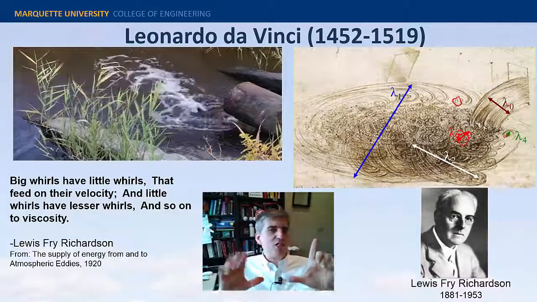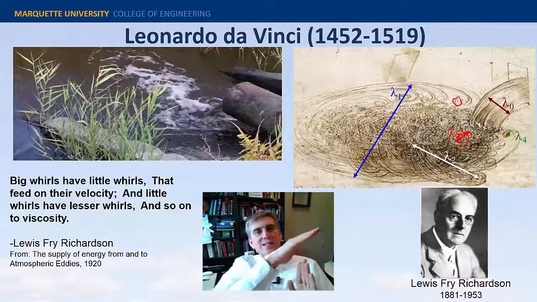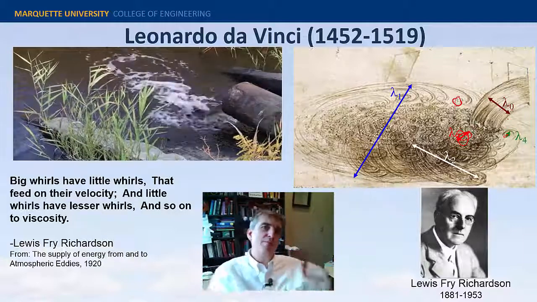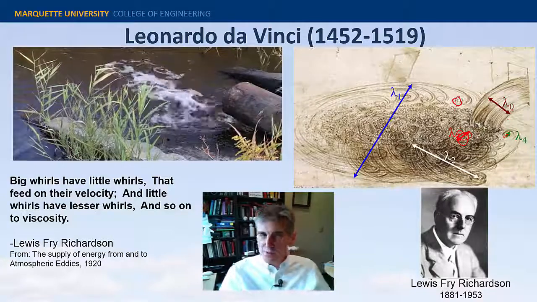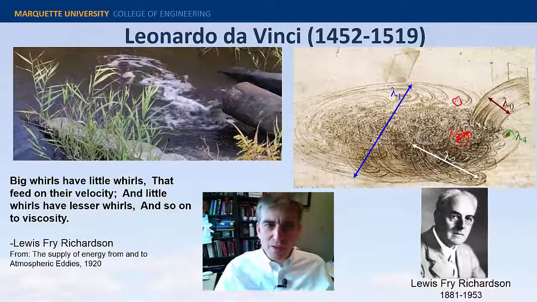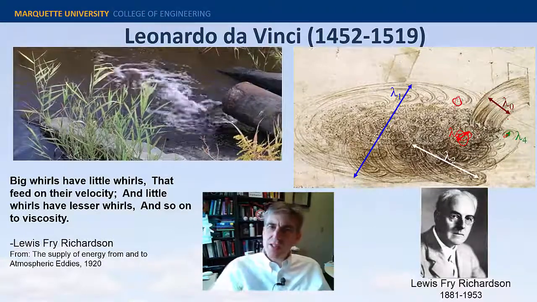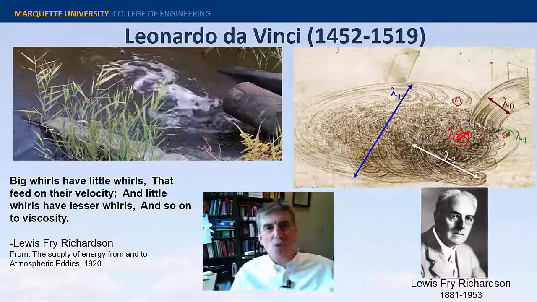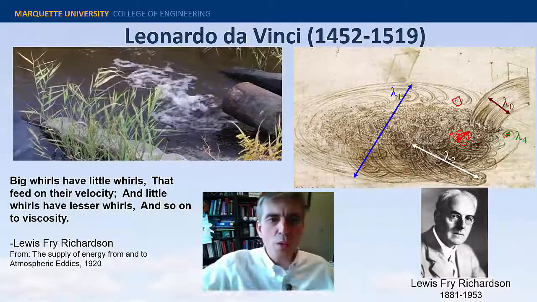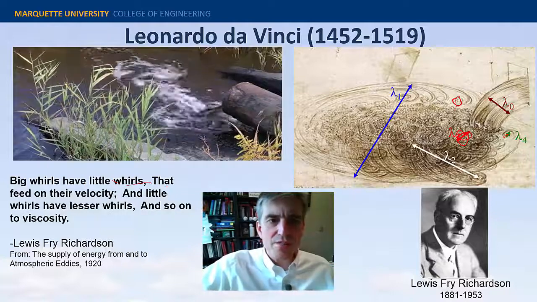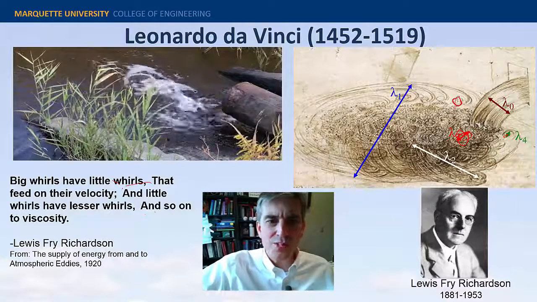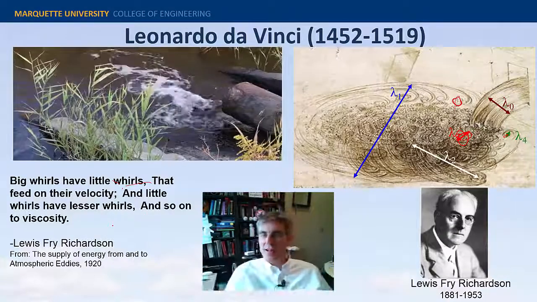So think about the energy cascade, and what that's telling us is there's a distribution of scales, and all turbulence follows the same distribution of scales. What a powerful idea. Remember Lewis Richardson here, this guy from the Richardson number? He had this little poem that he wrote. Big whirls have little whirls that feed on their velocity, and little whirls have lesser whirls, and so on to viscosity.